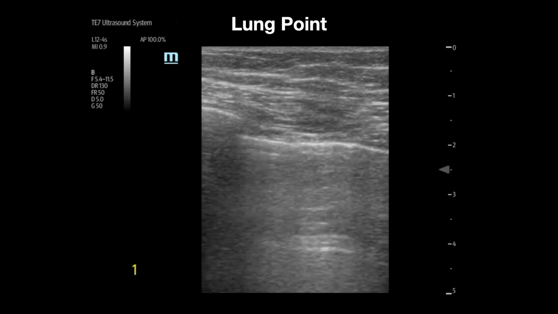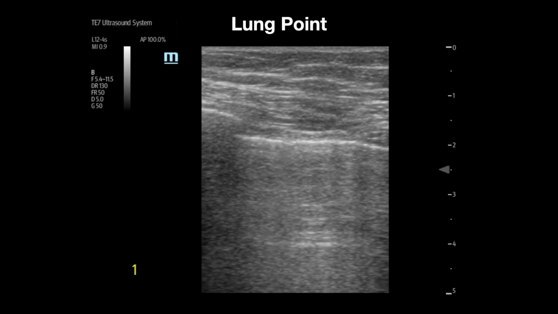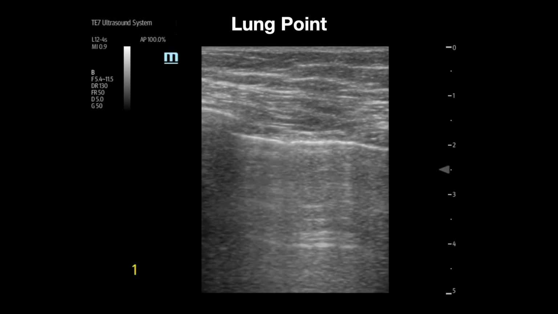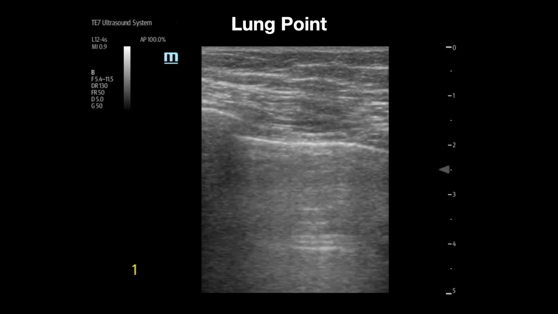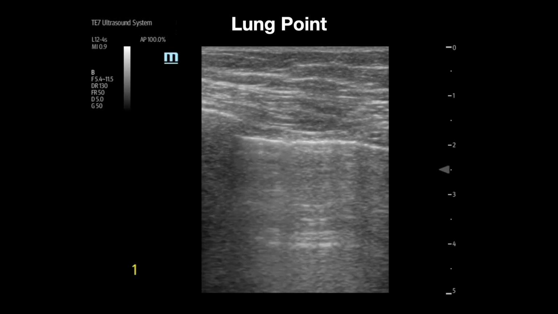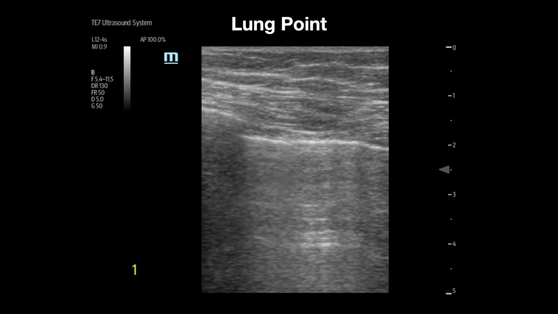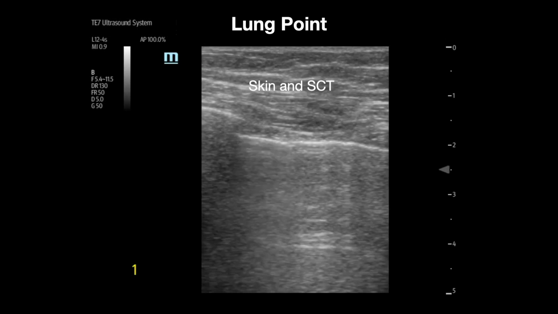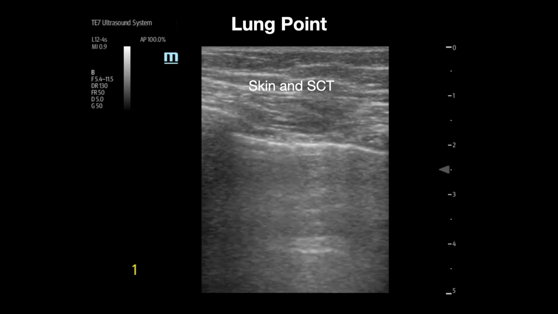Now we are going to talk about lung point. Lung point is one of the most important signs of pneumothorax. In this case, we have the same patient after a procedure, and this patient has developed a pneumothorax. As you can see, this is the skin and subcutaneous tissue.